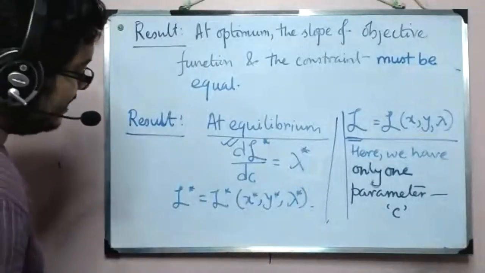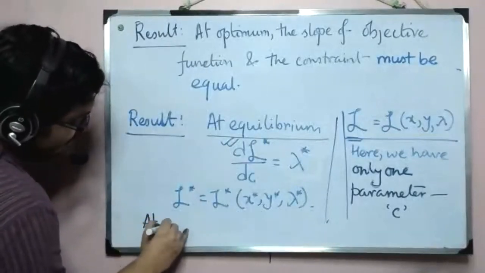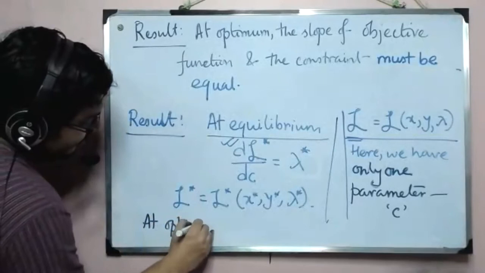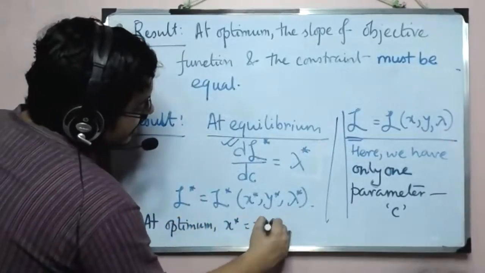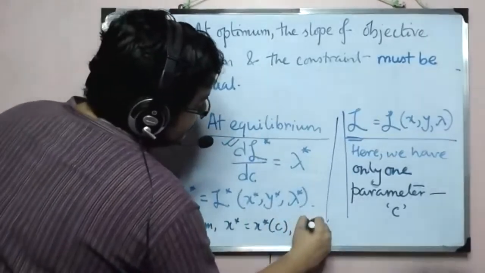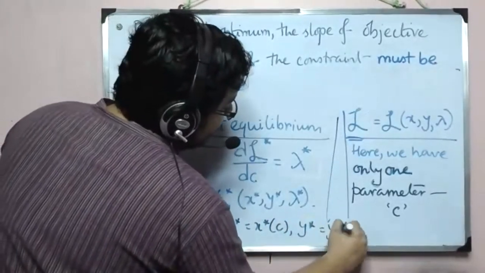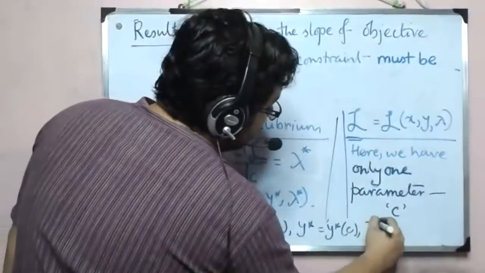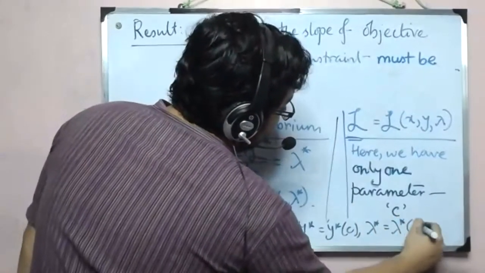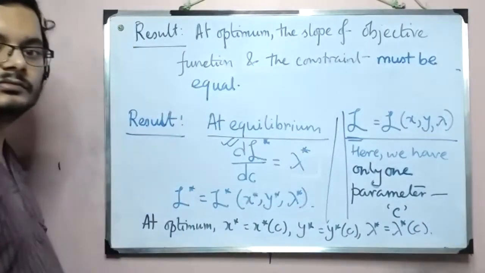It tells us that at optimum, x star is x star of C, y star is y star of C, and lambda star is lambda star of C, right?